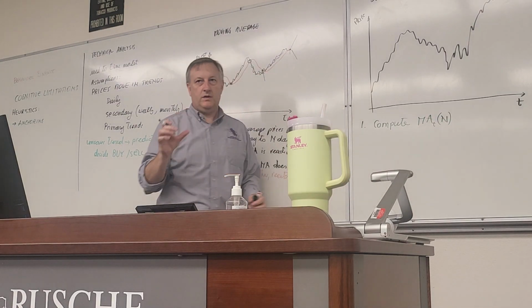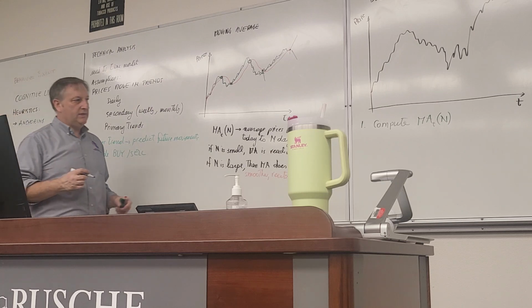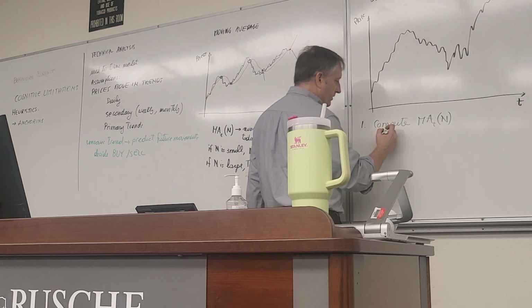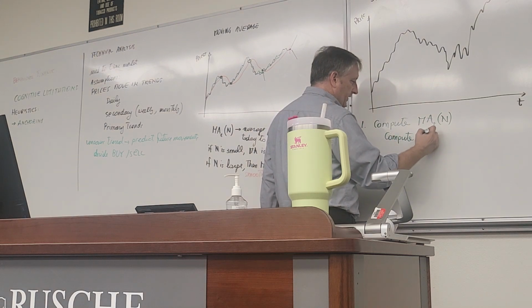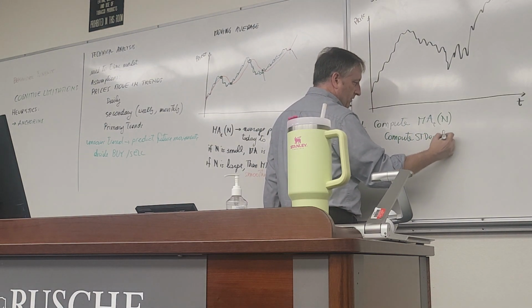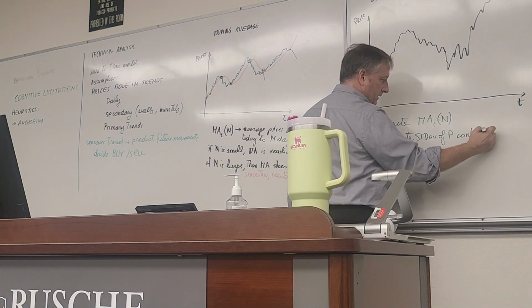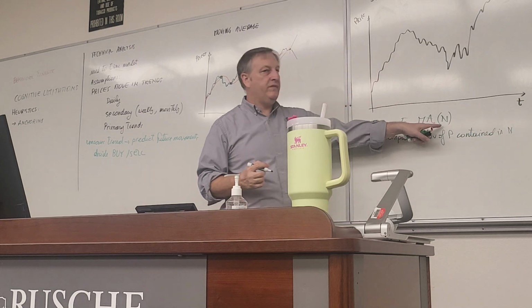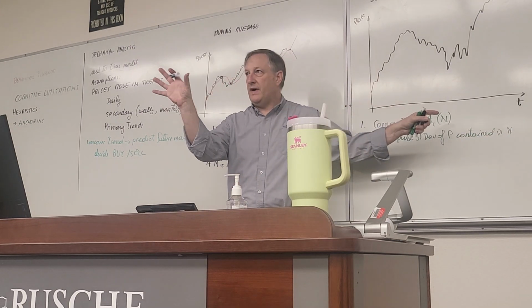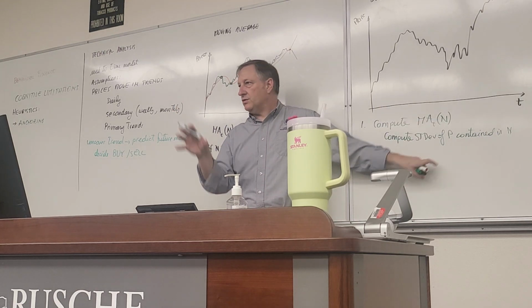And you decide the length of the moving average and compute that. Then using that sample, compute the standard deviation of the prices contained in N. So like if I'm doing a 5-day moving average, I have those 5 prices included in it, then I compute the standard deviation using those 5 prices.